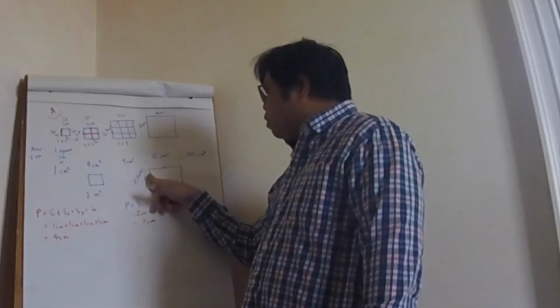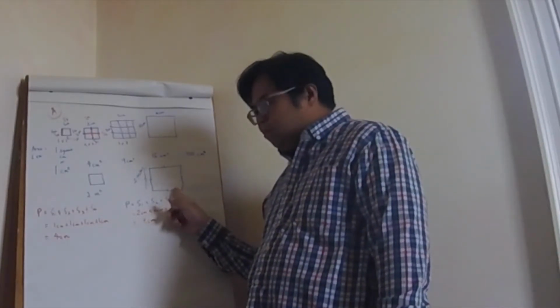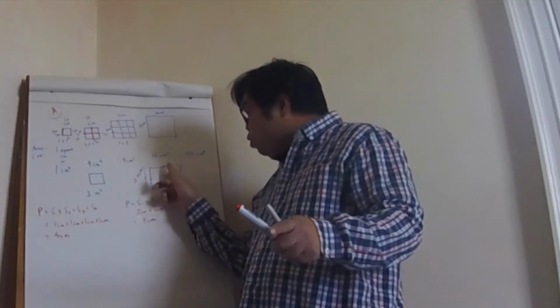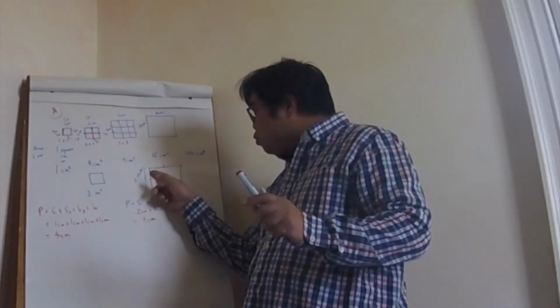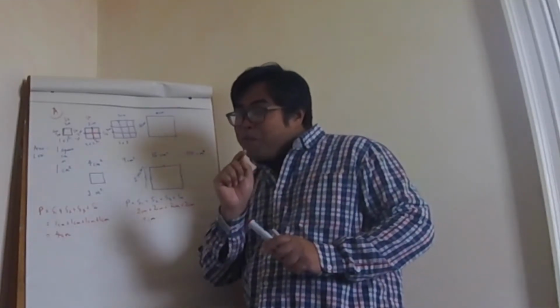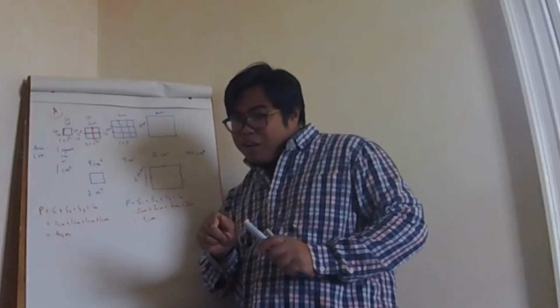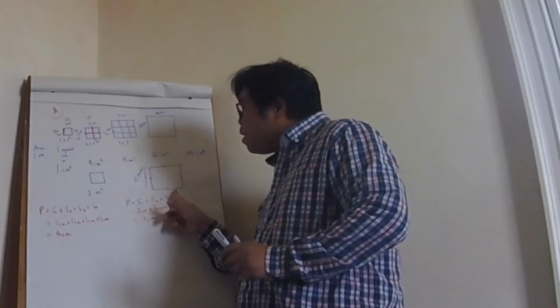What is the perimeter of this square? If you want to know how many squares are inside, that's the area of the square. But what I'm asking you is the perimeter. It's basically the boundary. I'm asking you the length of the boundary.